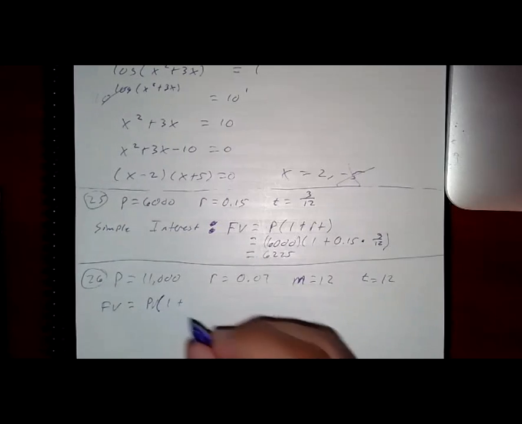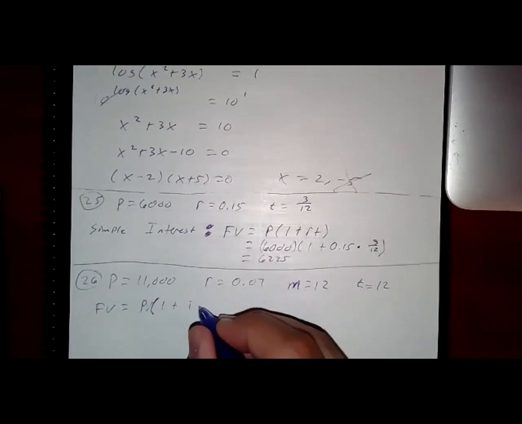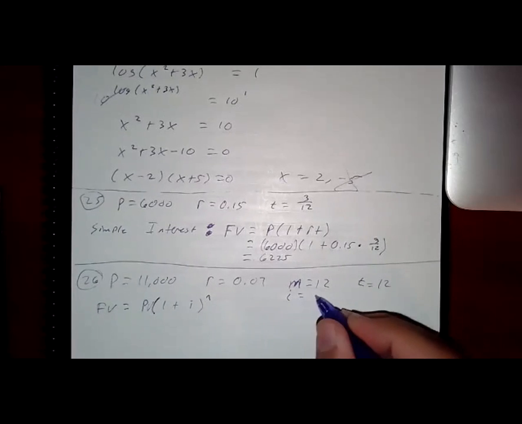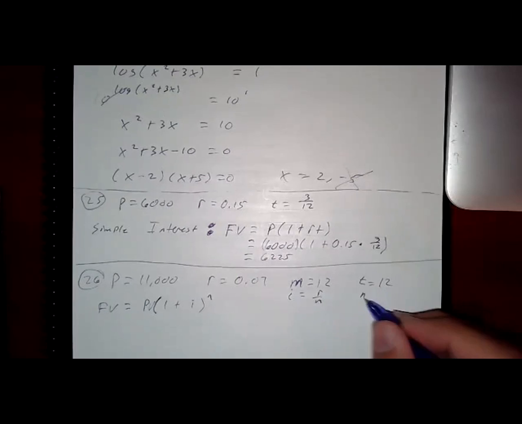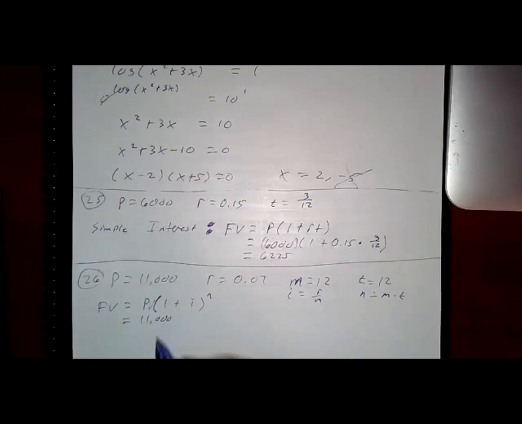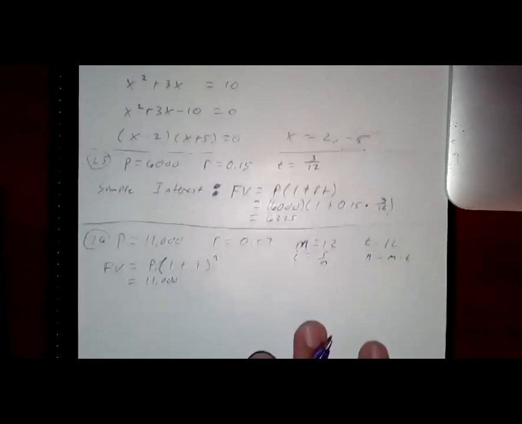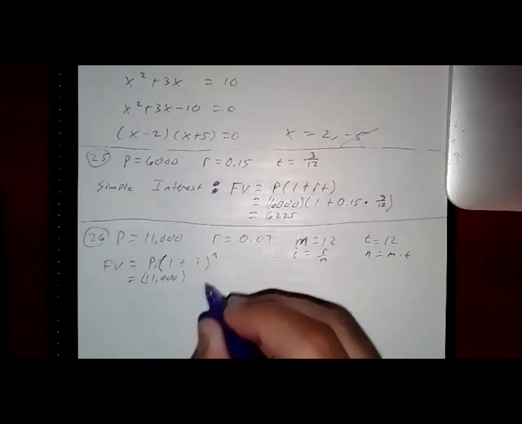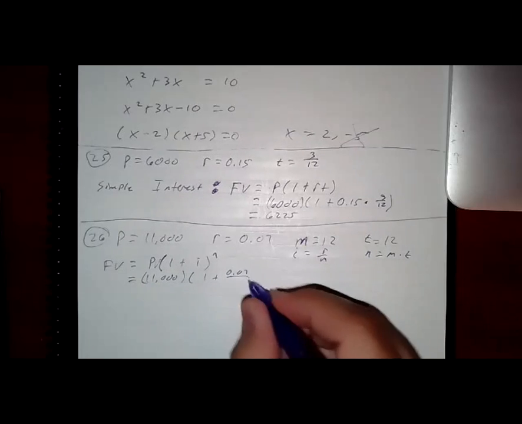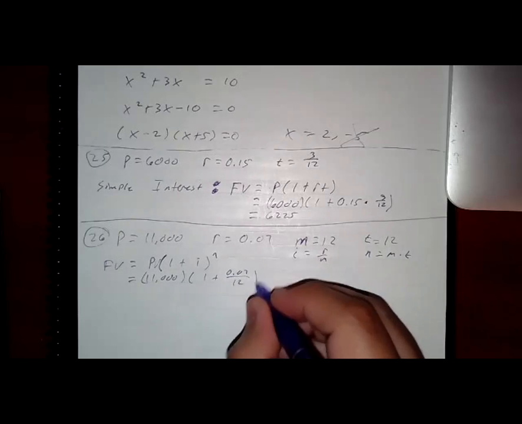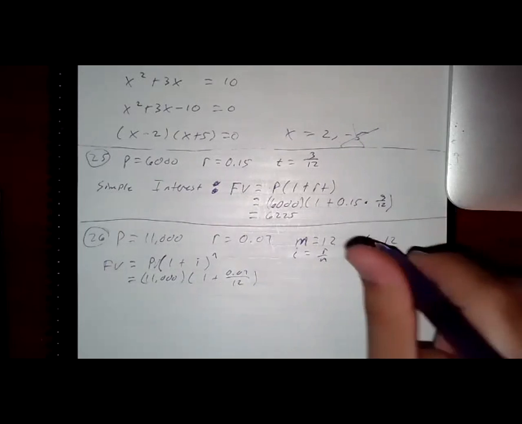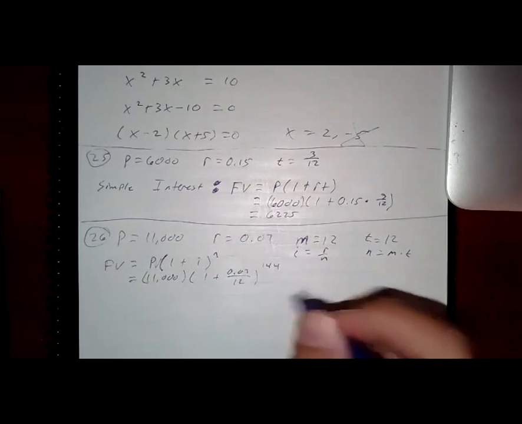We use PV times 1 plus I to the N, where I is R over M, and N is M times T. So that would be 11,000 times 1 plus R over M, so 0.07 over 12, compounded monthly per year, so time will be 12 times 12, which is 144 up here.